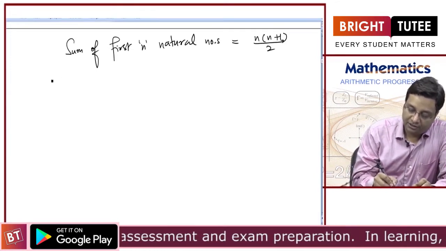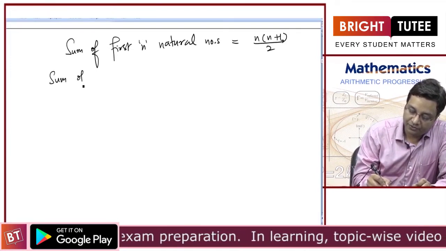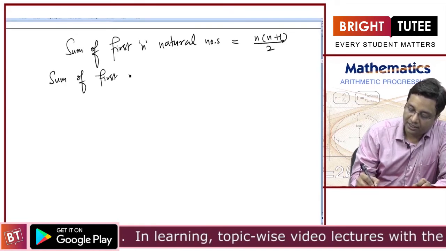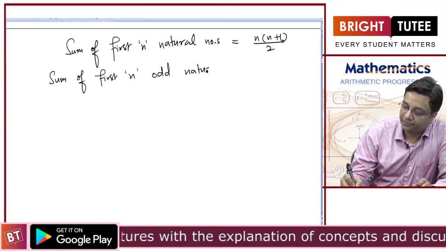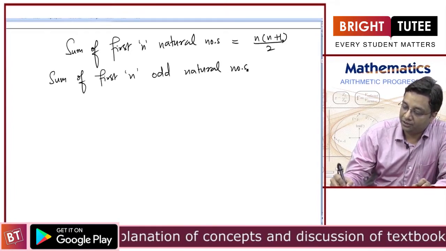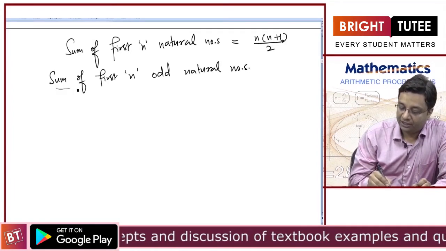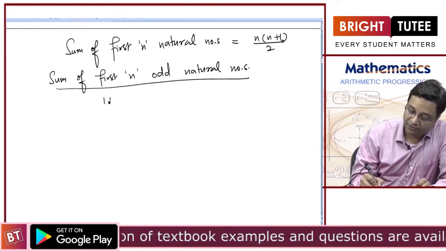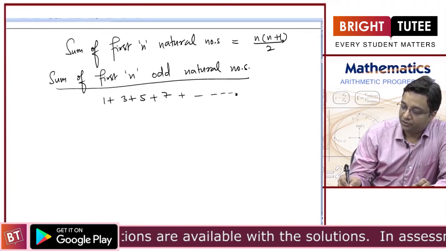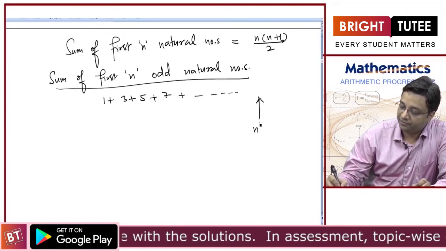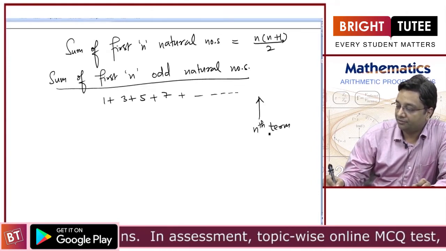We can also find the sum of first n odd natural numbers. This will also be useful while solving the questions. The sum of first n odd natural numbers will be 1 plus 3 plus 5 plus 7 plus, what will be the nth term? What will be the nth term?